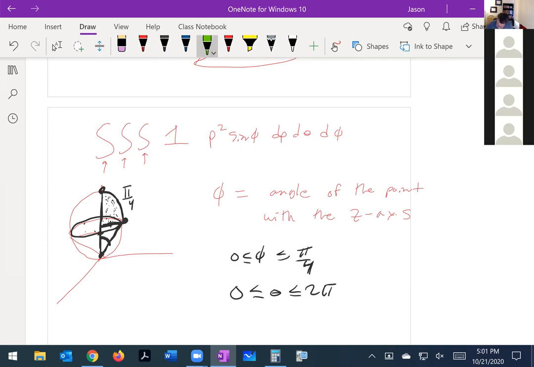Let's draw a different auxiliary line to one of these points on this surface, right? So what is creating that surface in terms of rho? How could I represent that surface in terms of rho?